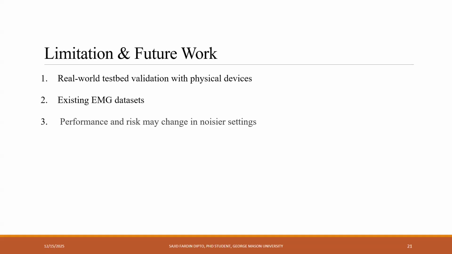So performance and risk assessment may change in real-life scenarios. For that reason, future work should validate this research on physical test beds with actual medical devices in real-time clinical settings. We also need to consider real-time privacy and security concerns, and measure the covert channel bandwidth under realistic conditions with real patients.